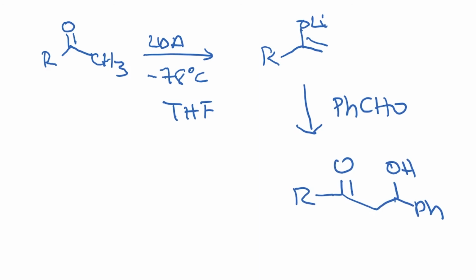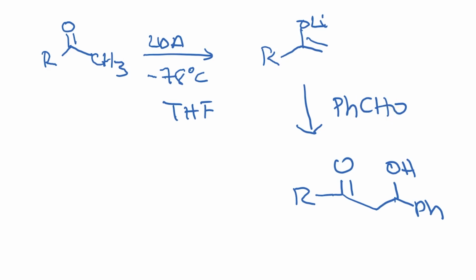So there's one important aspect of this, which is that this reaction that we carry out at minus 78 degrees is pretty much an irreversible reaction. Okay, so what happens is that once the enolate is produced, it really doesn't go back and give you the starting material. So what you normally do, like we discussed last time, is you generate the enolate and then you add the aldehyde dropwise.